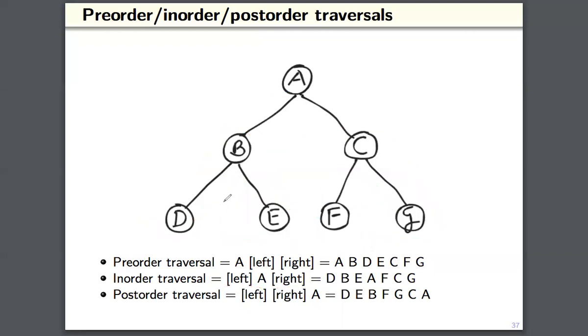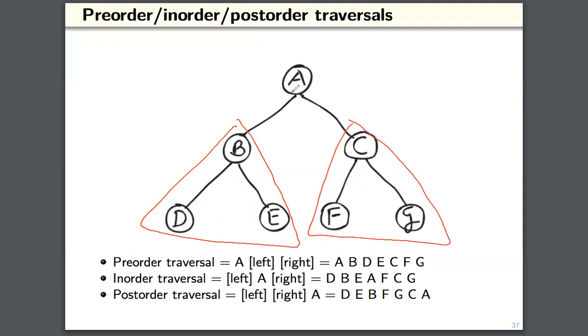What about post order? So you visit left and then right and then A, right? So, okay, left, right. Post order of left subtree. How does that look? DEB, right?